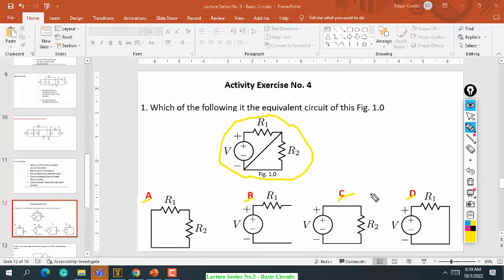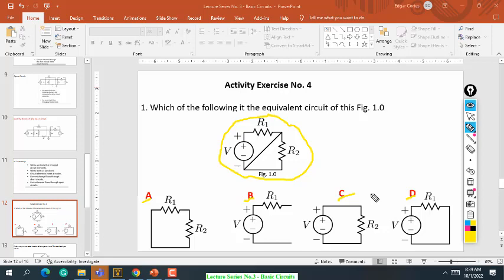Okay, since this is an activity exercise, I will not confirm if B is correct or not. So unsa may rason nganong B man siya? What theory man ang magamit aning activity exercise number 1?